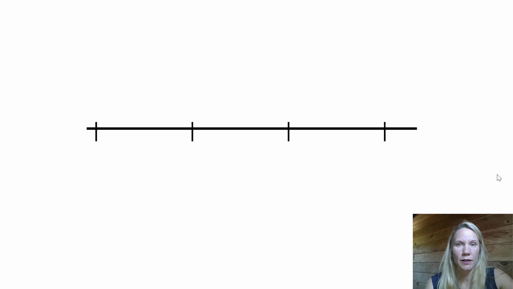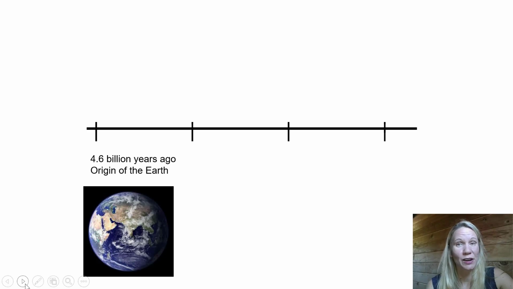So we're going to start by taking a little field trip back in time 4.6 billion years ago. This is the scientifically recognized age of the Earth. However, if we did go back in time 4.6 billion years ago, the Earth would look significantly different than it does today.